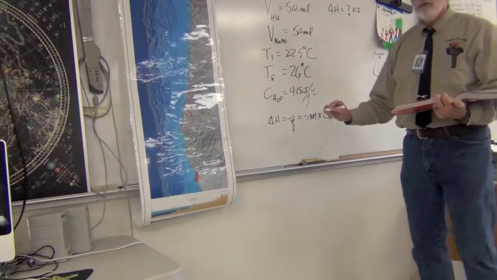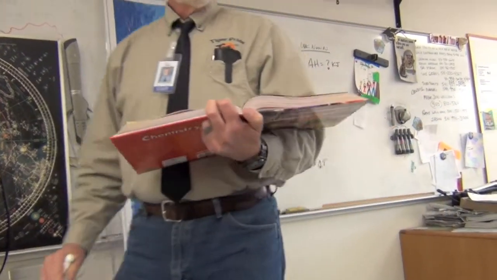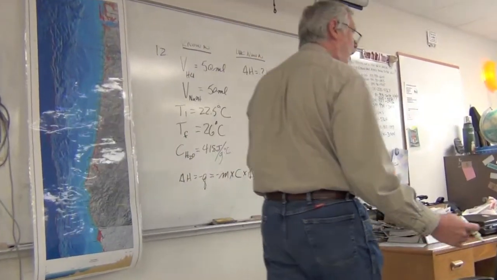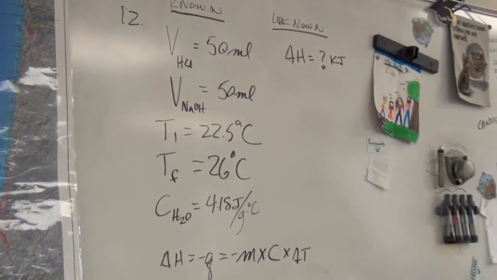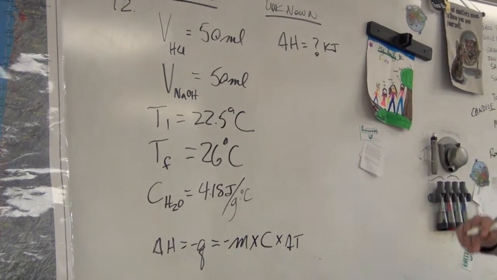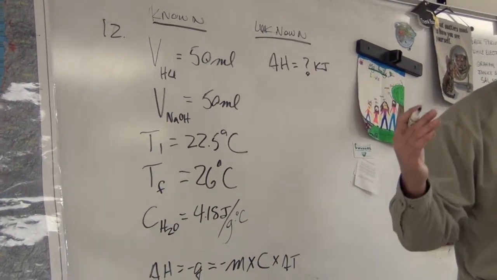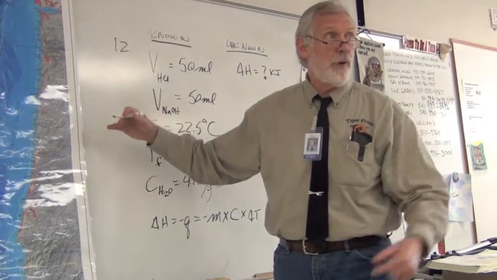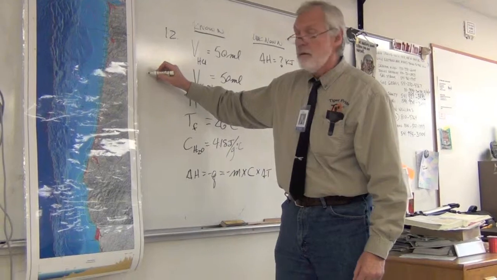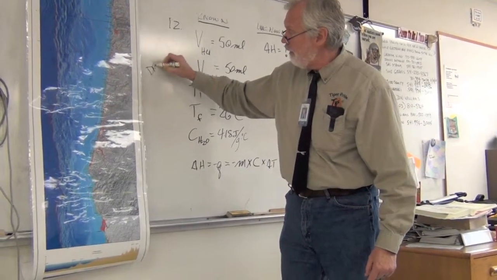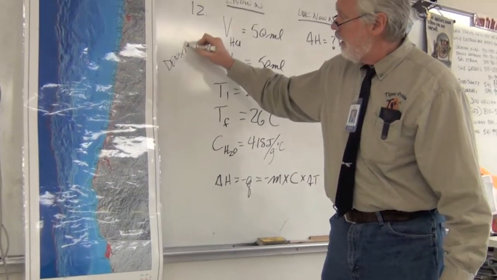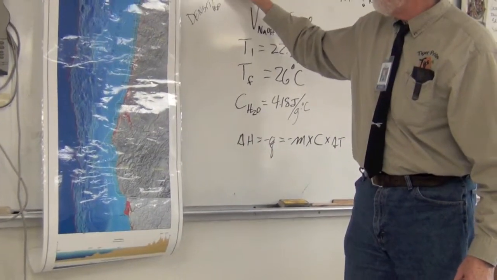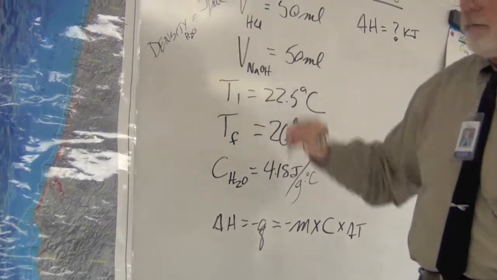Now, how do we get the mass? I don't see mass anywhere on here. Basically you convert the milliliters into grams. We also have to know, as a given, that the density of H2O is 1 gram per milliliter.